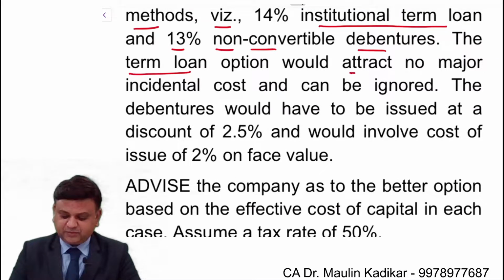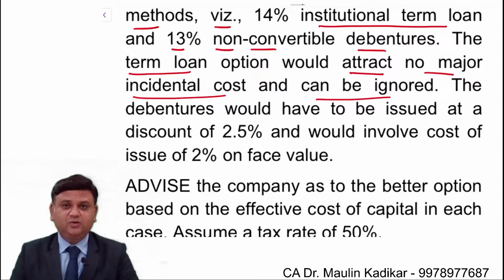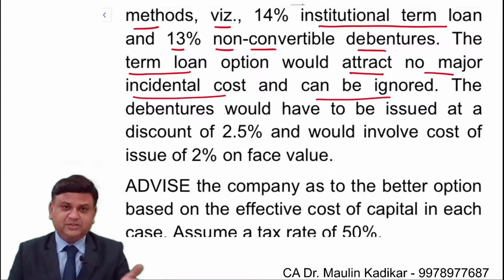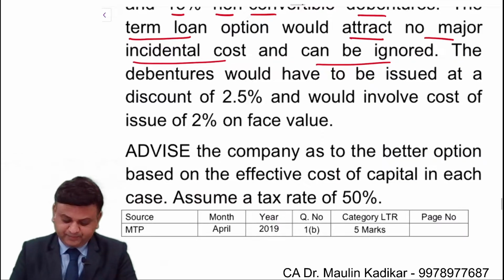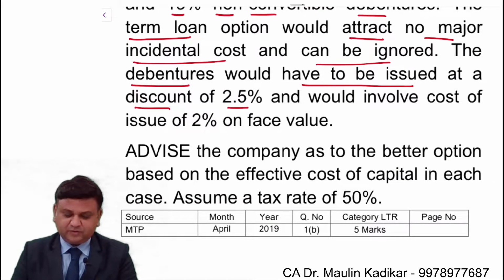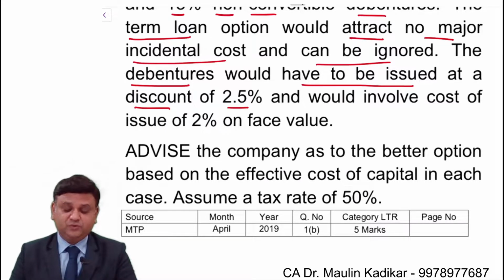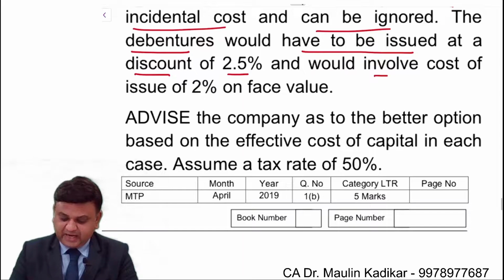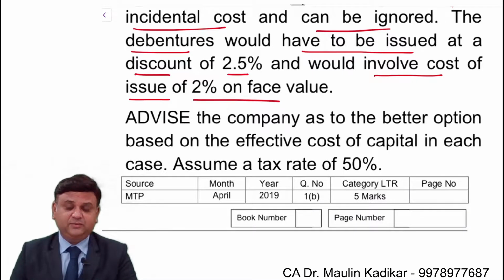The term loan option would attract no major incidental cost and can be ignored. So there is no brokerage or any cost that we are required to incur for taking the term loan. The debentures would have to be issued at a discount of 2.5% and would involve a cost of issue of 2% on the face value.